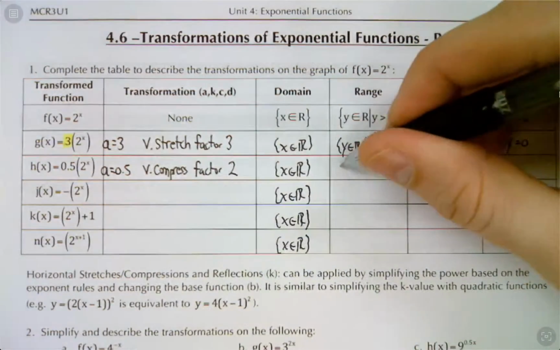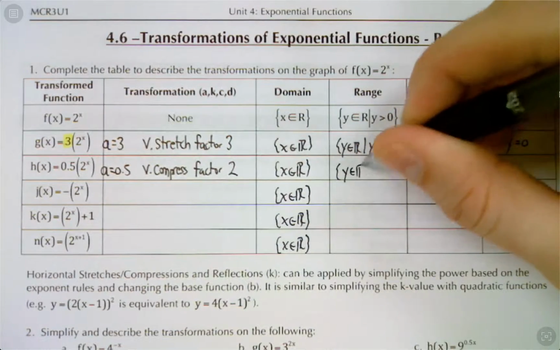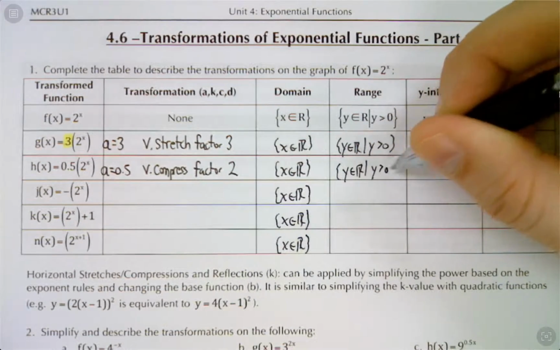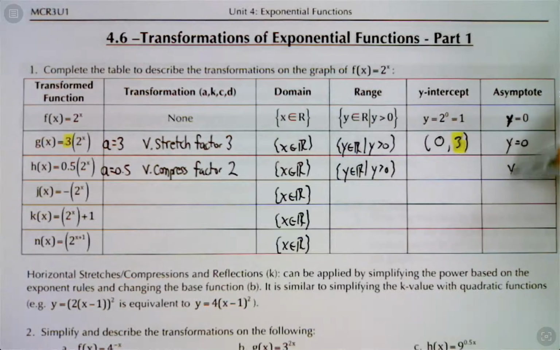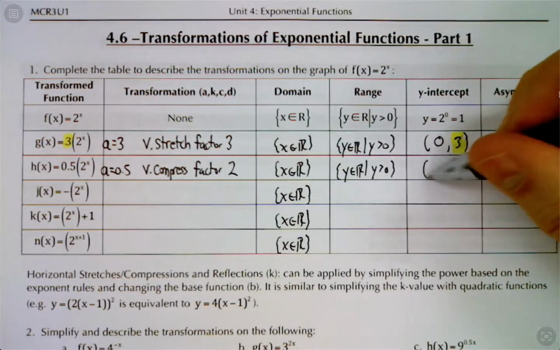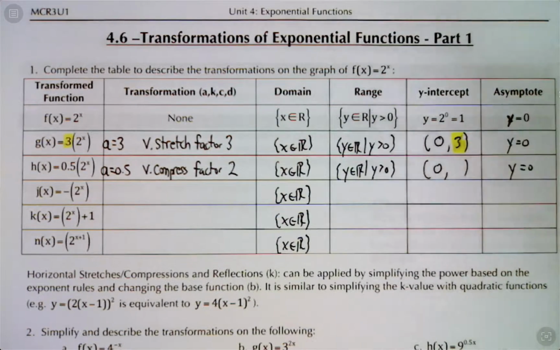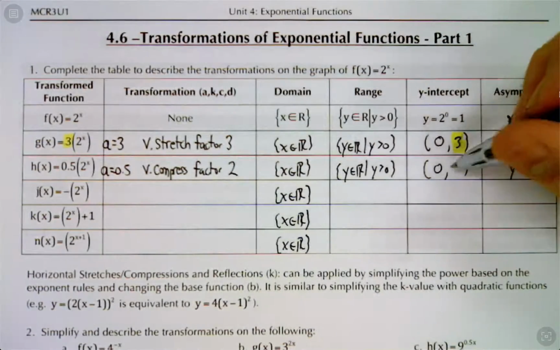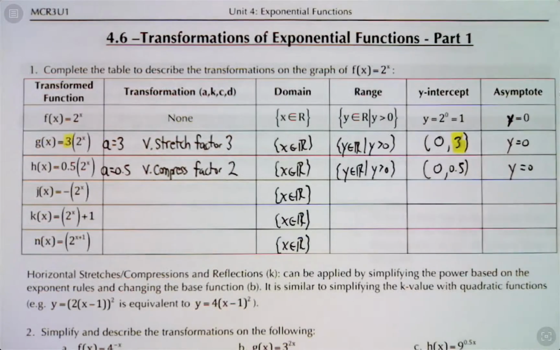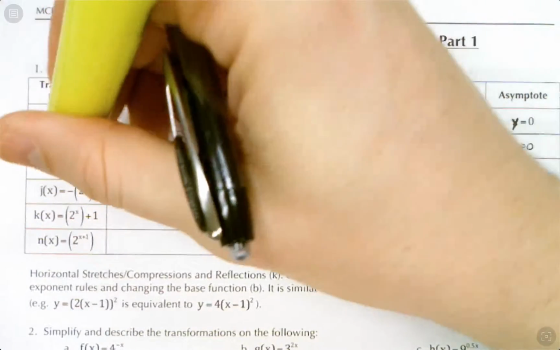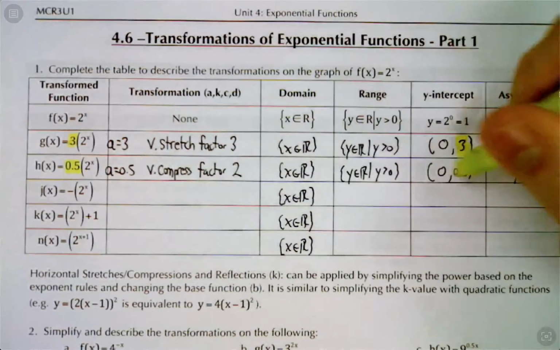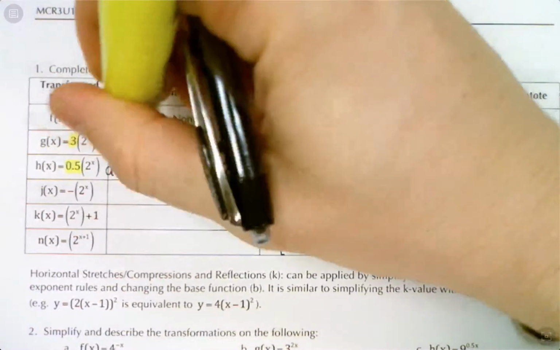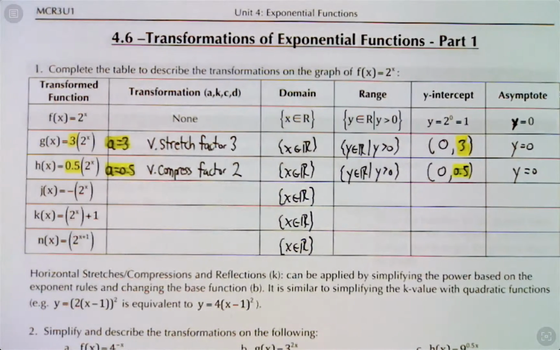And again, the range wouldn't change, and we could see that by graphing on Desmos. The asymptote doesn't change either. What does change again, though, is the y-intercept. If we plug 0 in, we get 2 to the exponent of 0, which is 1. 1 times 0.5 is 0.5. So again, even if we change a to 0.5, the only thing we're changing is the y-intercept.